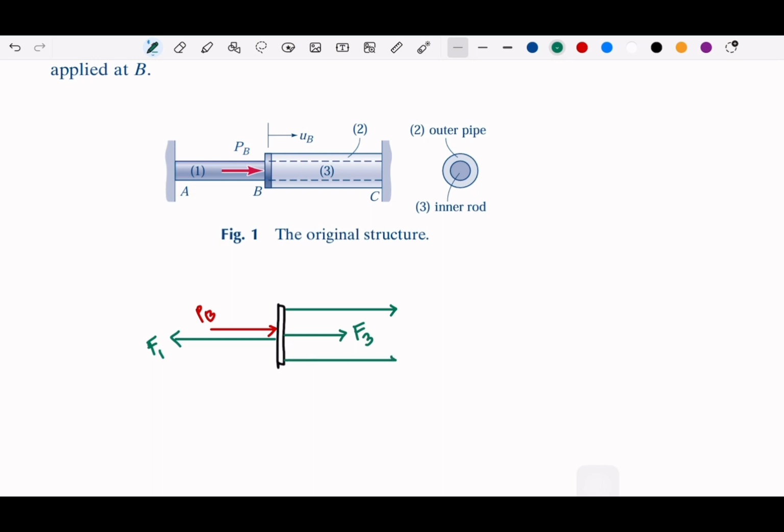This is symbolized as F2, because F2 surrounds the element 3. So let me write here that F2 is distributed around the pipe.